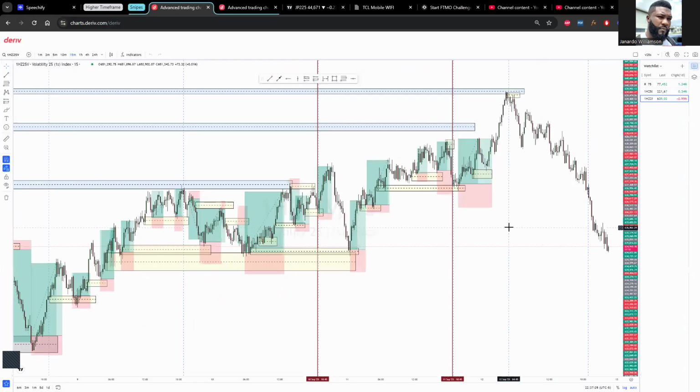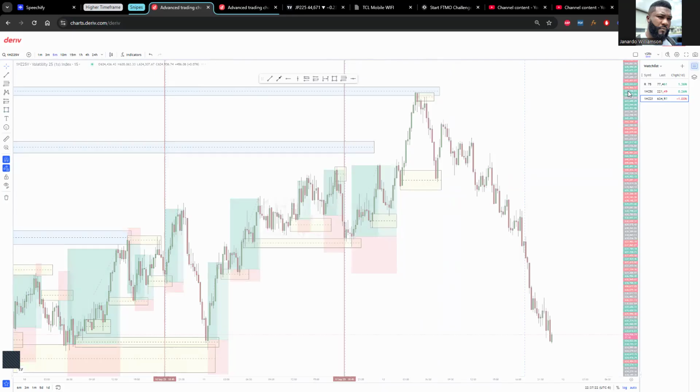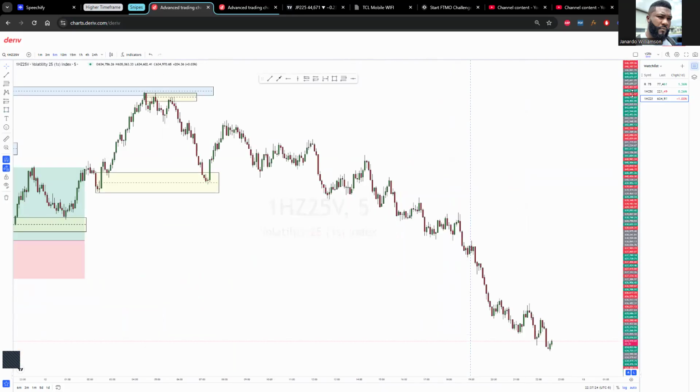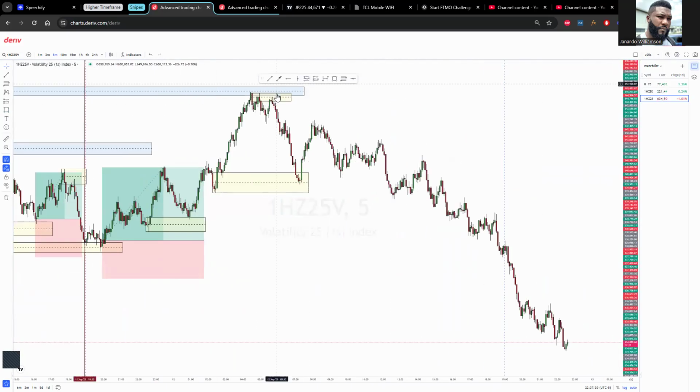Now back to TradingView, where we can see this entry right here, and now go to the 5 minute time frame. This is where we sold off from.